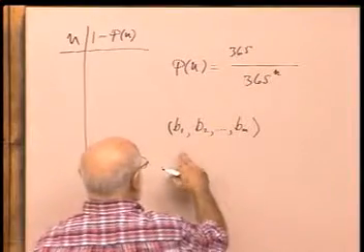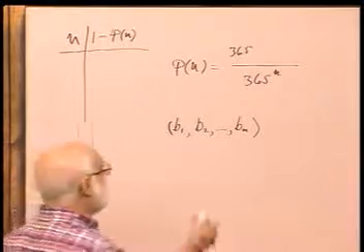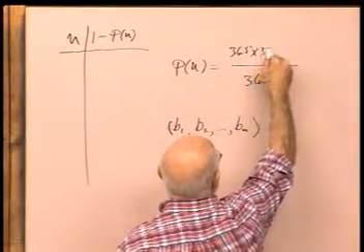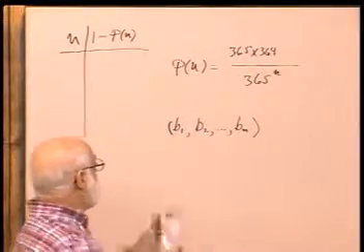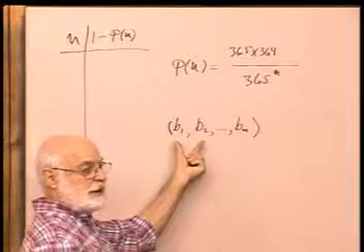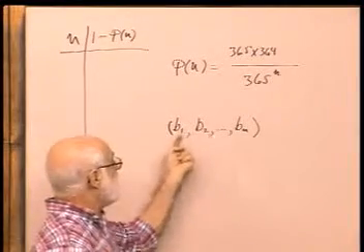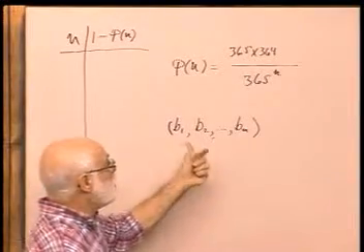So the total number of ways I can make B1 and B2 such that they are not equal is 365 times 364. But now, for every B1 and B2 that don't match, I've got to put in a B3 that doesn't match either of those first two. And how many ways can I do that? Well, it would be 363.